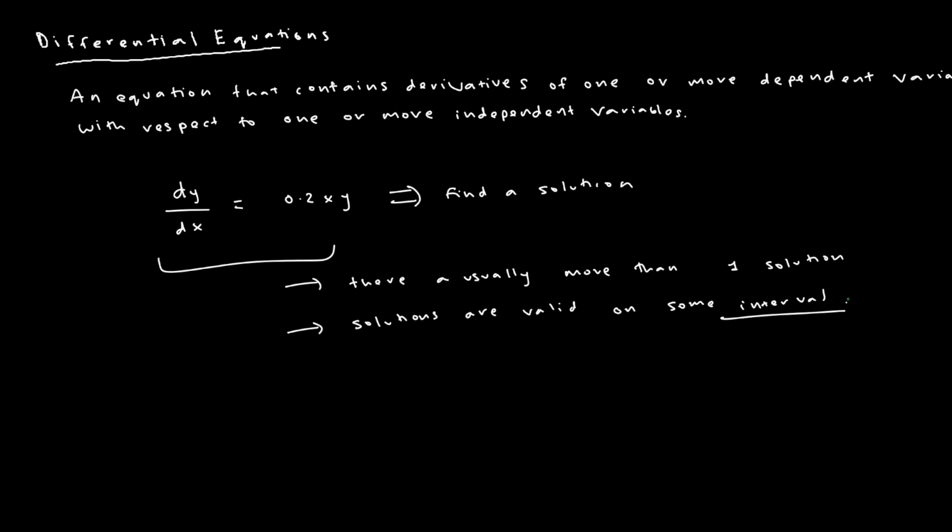We need to really figure out which one is applicable to what we need to do. That's the intro to what a diff EQ is. You've probably seen them before, so we'll spend time going over some terminology and definitions, and that'll help build on the future.